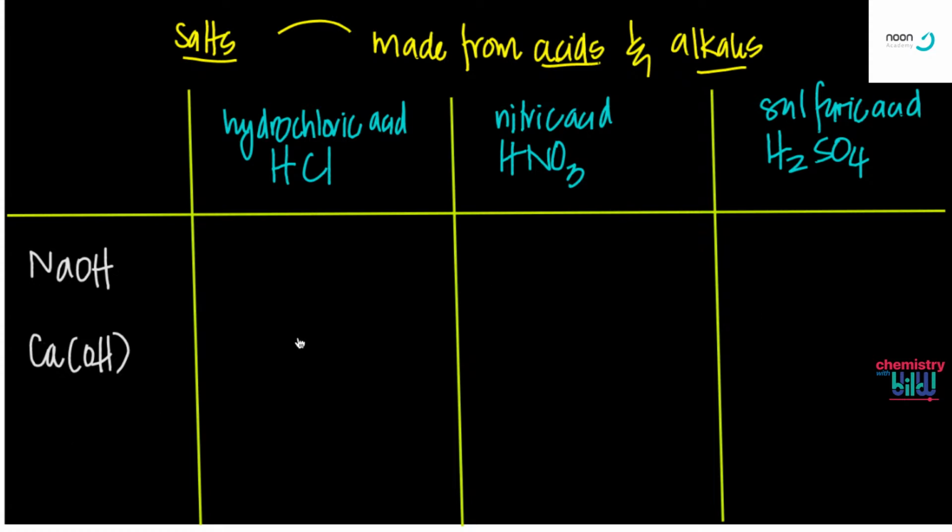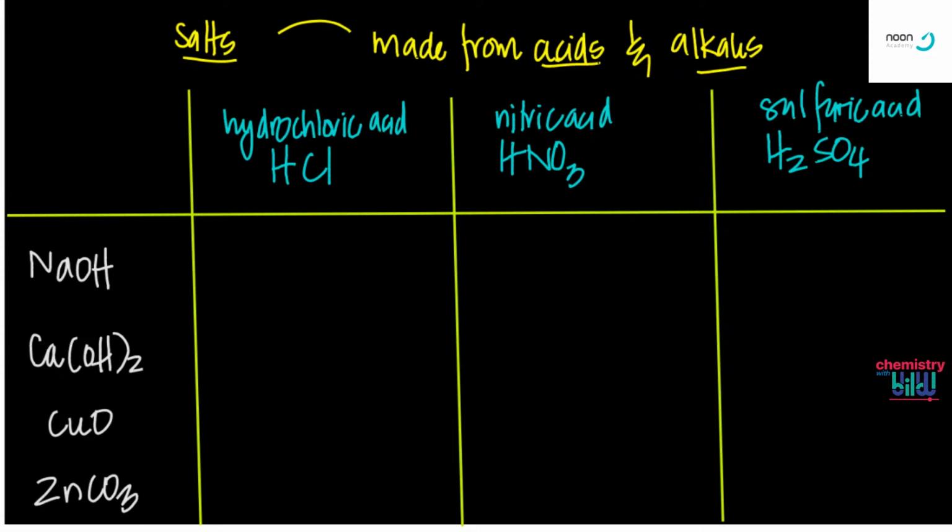Let's call it copper oxide. You can make it from zinc carbonate. Now, every time we had an acid react with a metal hydroxide, metal oxide, metal carbonate, it made a salt.